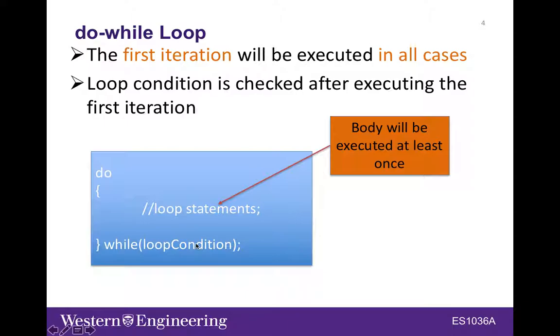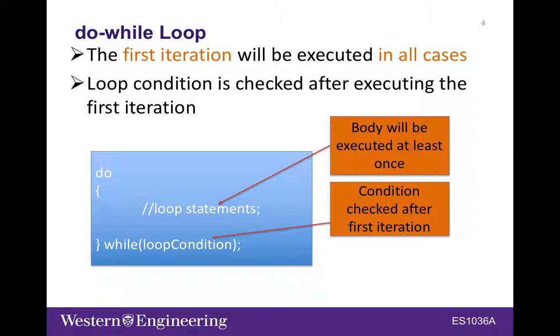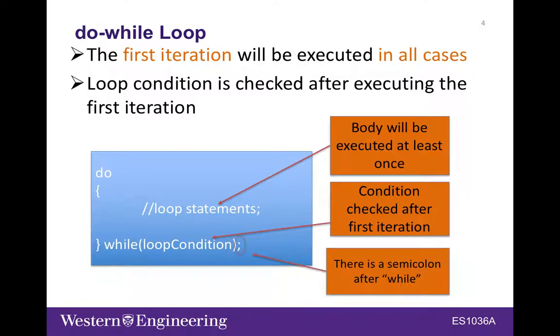Note that we check the condition after executing the first iteration. So the body will be executed at least once for sure in do while, and the condition will be checked after the first iteration. So in do while we are guaranteed at least one iteration. And be aware that in its syntax we have a semicolon at the end of the loop.